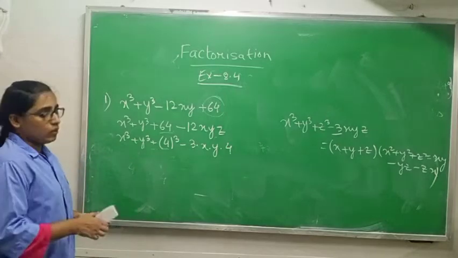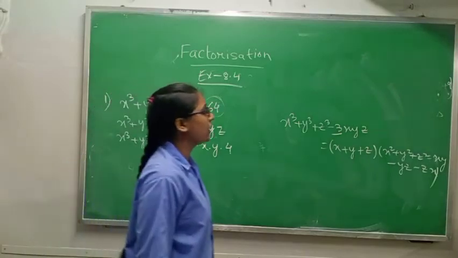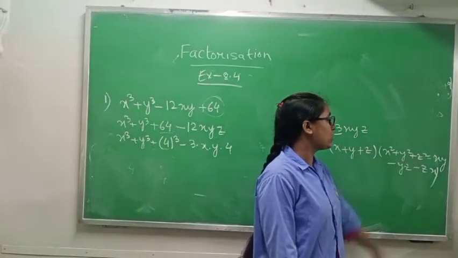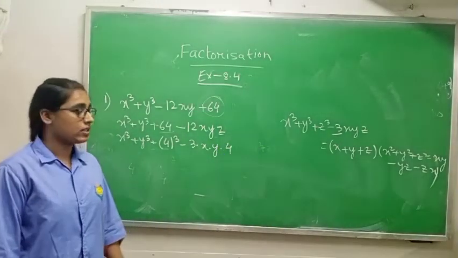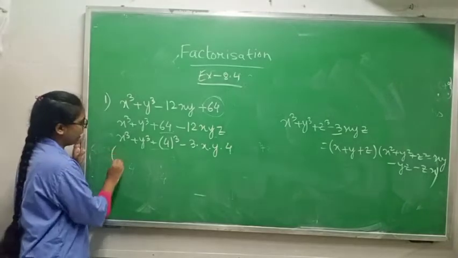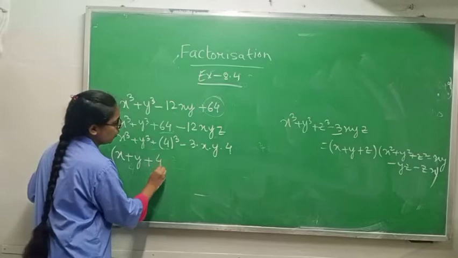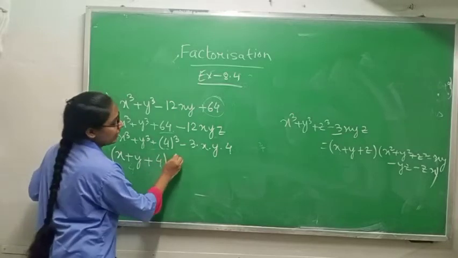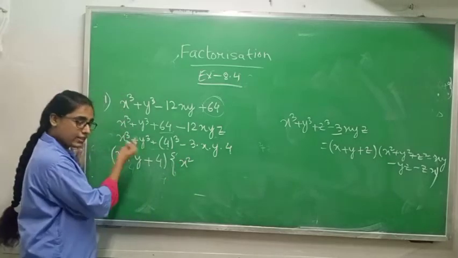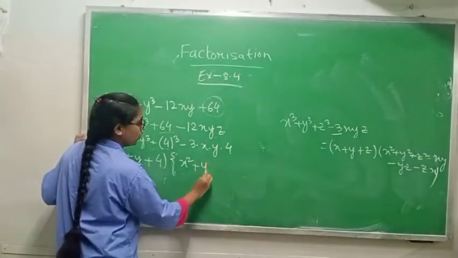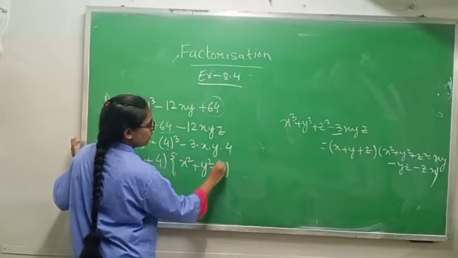Now what is the formula of x cube plus y cube plus z cube minus 3xyz? The formula is (x plus y plus z)(x square plus y square plus z square minus xy minus yz minus zx). So x plus y plus z: x is x, y is also y, and z is 4, so write 4 here. Then x square, plus y square, plus z square, which means 4 square.